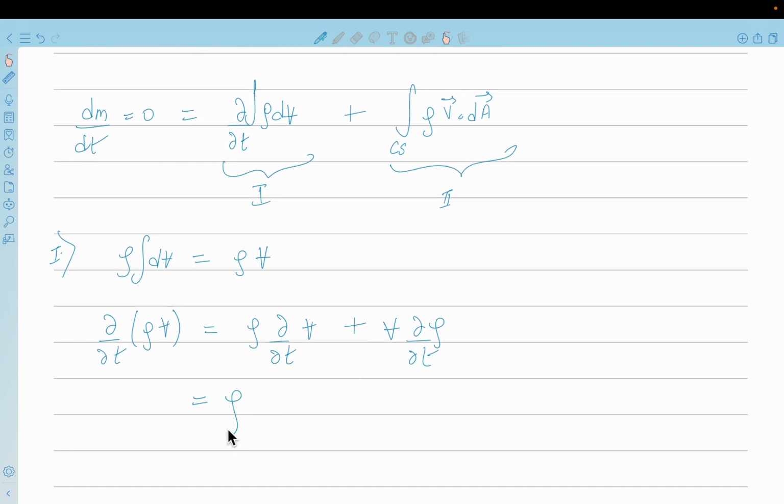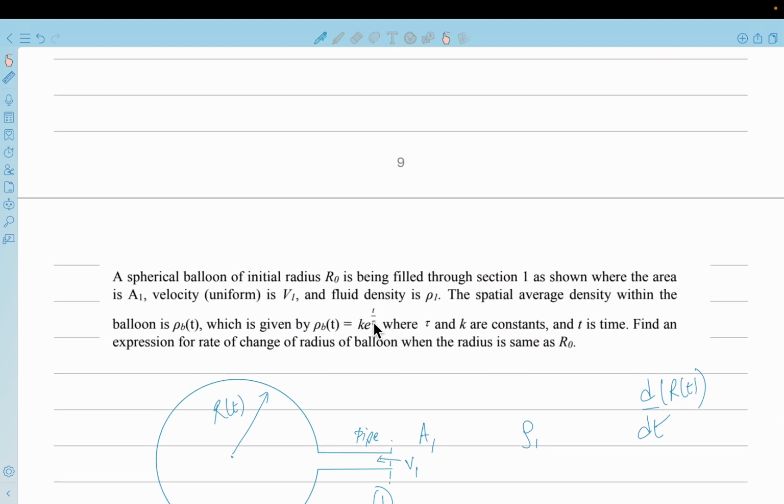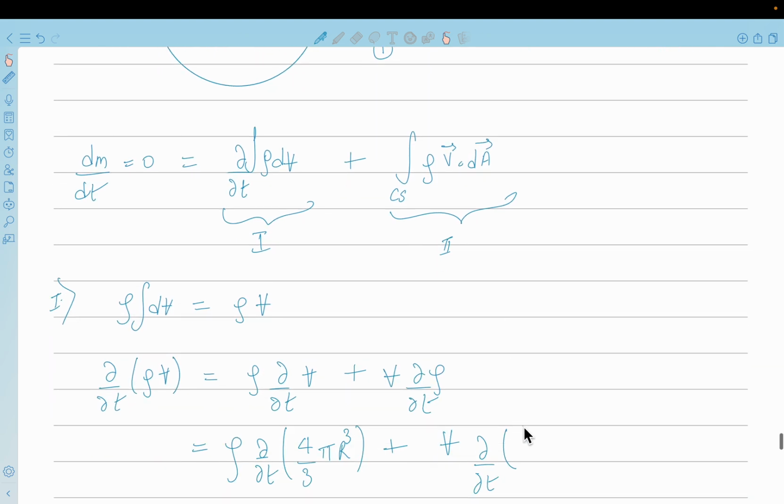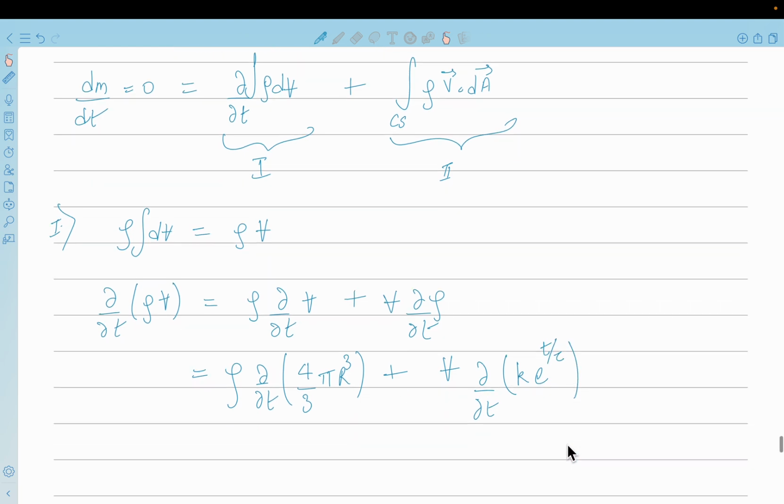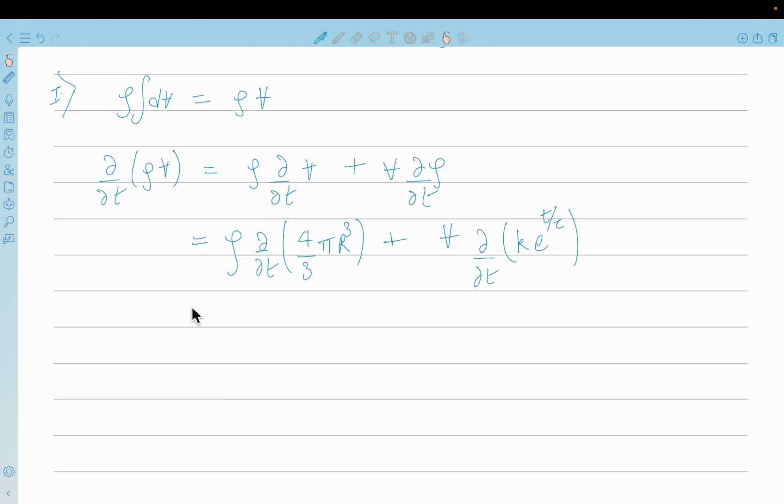So I can write this as rho dou by dou t of volume, which is 4 by 3 pi r cube, plus V dou by dou t of density. The density change was k e to the power t by tau. So what does this give?